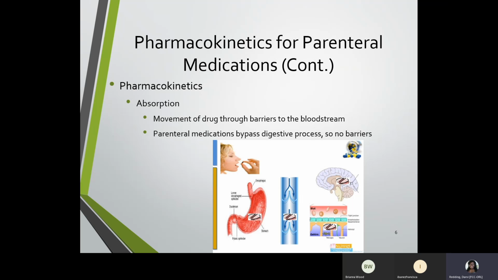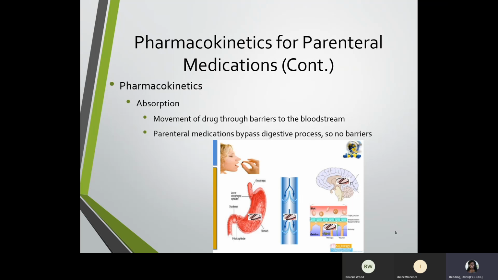So absorption is the movement of the drug through barriers to the bloodstream. Pictured here is an example of how a medication is provided. This is the picture of a person taking the medication through the GI system, GI standing for gastrointestinal, but medications that are administered parenterally automatically go to the bloodstream.